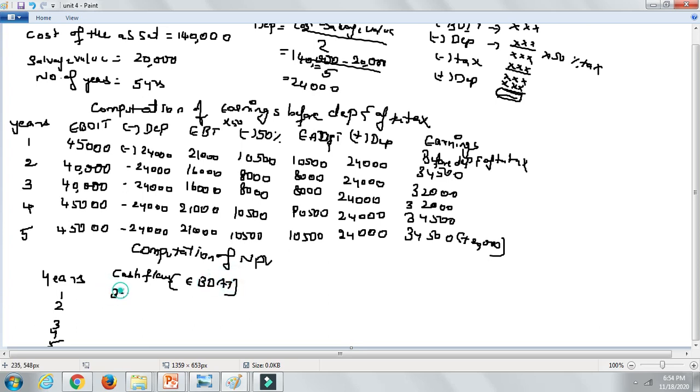First year 34,500, second year 32,000, third year 32,000, fourth year 34,500. Now fifth year you are going to take 54,500 because you have added the salvage value.